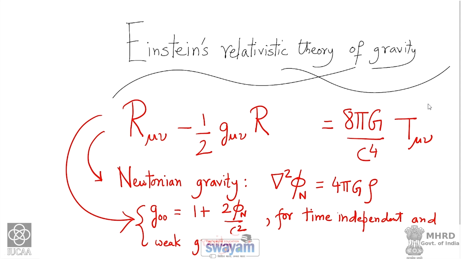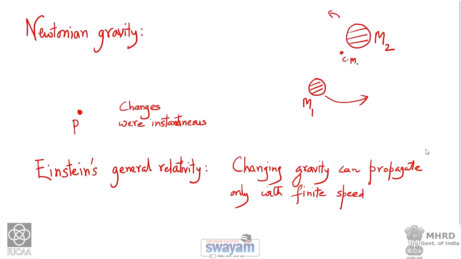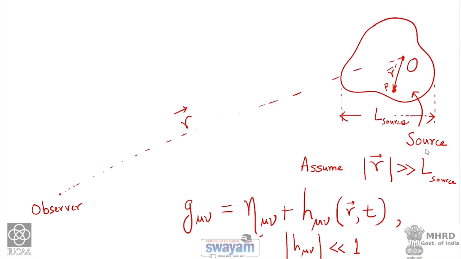Because I am very far from the matter distribution, I expect that the metric fluctuation over the Minkowski metric to be extremely small. I can only retain linear orders in h mu nu. So, I will only retain terms which are linear in h mu nu.